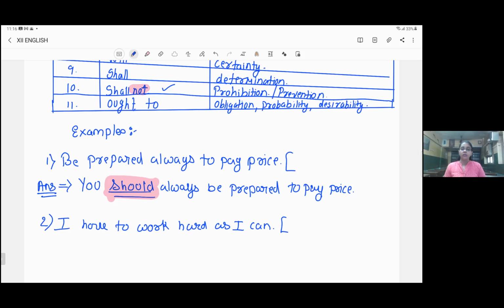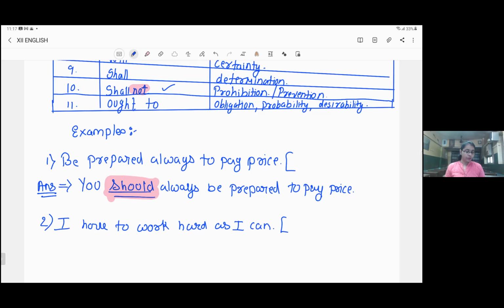Replace the modal auxiliary by another showing obligation.